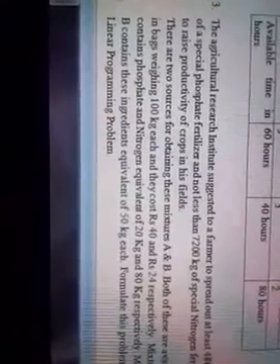Here the word is given: the Agricultural Research Institute suggested to a farmer to spread out at least 4800 kg of a special phosphate fertilizer and not less than 7200 kg. So you have to take the minimum requirement, not less than.